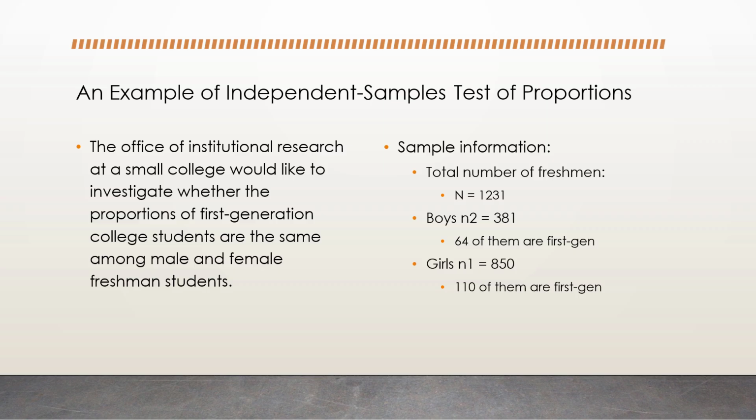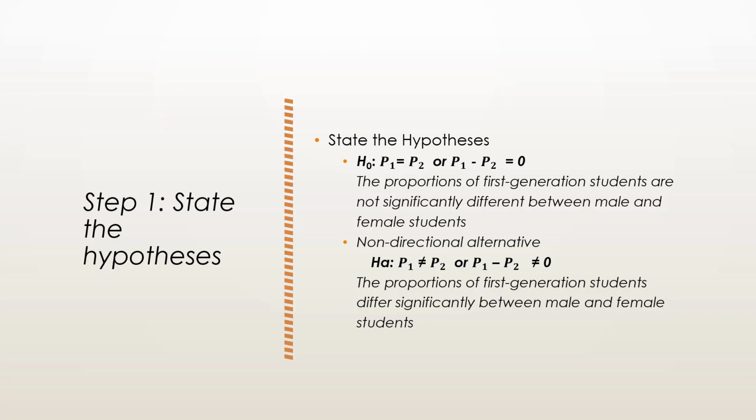The number of first-gen students in each group is 64 and 110, respectively. Our goal is to test whether the proportions of first-generation students are the same in the male and female freshman populations. So let's start by setting up the hypotheses.